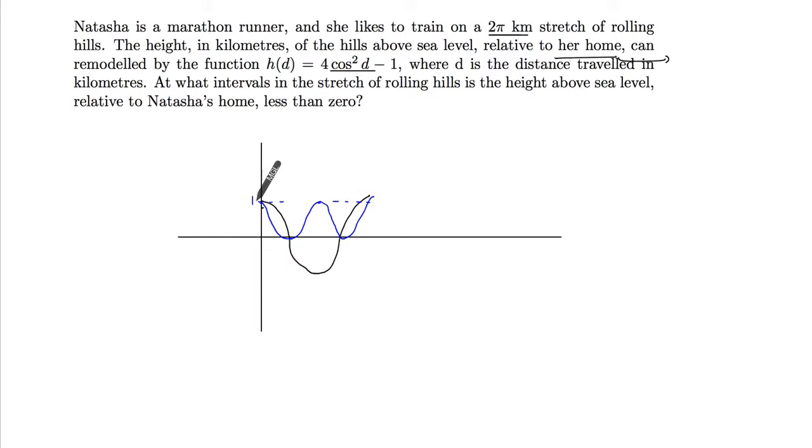Now what we're doing to this graph is multiplying it by 4. So instead of the maximum being 1, now it's going to be 4. And then we're shifting it down once. So maybe that was a little bit confusing. Here, 1, 2, 3, 4. It's going to look something like this.